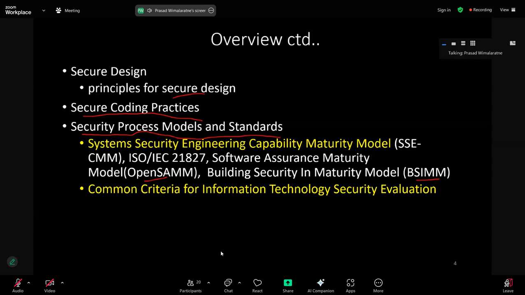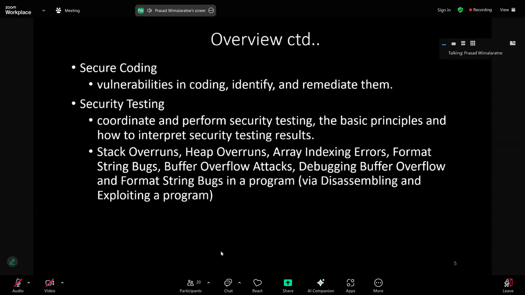So to give you some understanding of the significance and how to apply that in real-world situations. Secure coding guidelines, as I said earlier, is one area we need to learn, and also security testing.